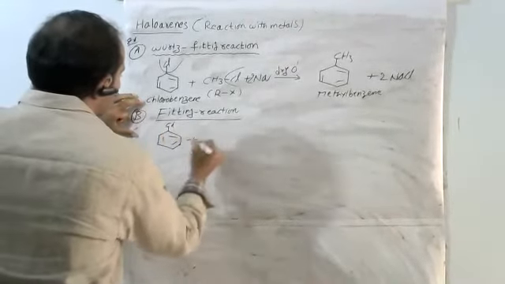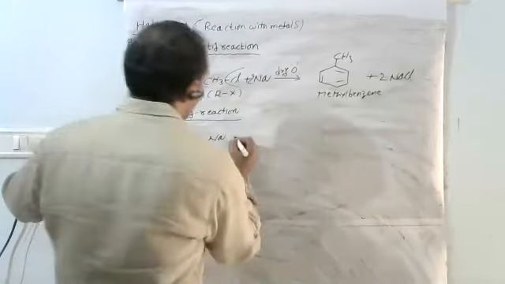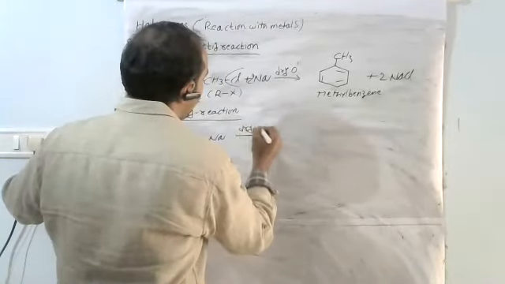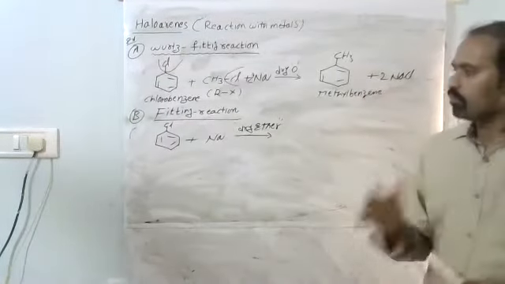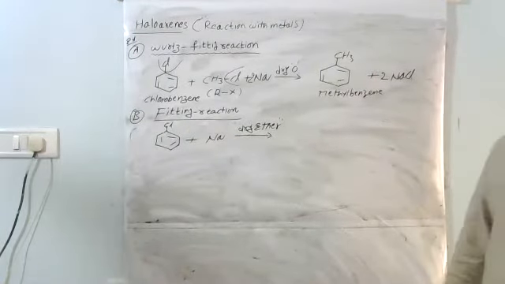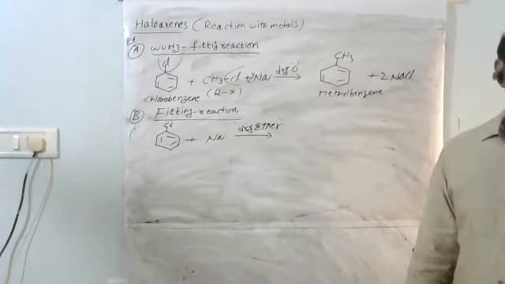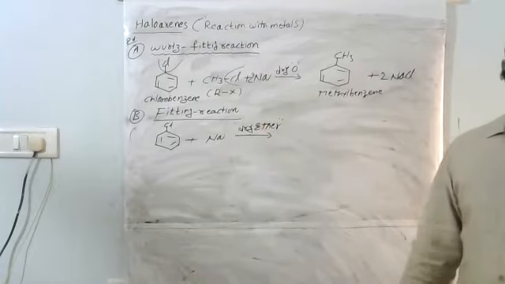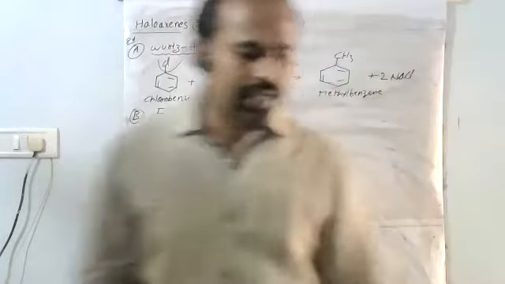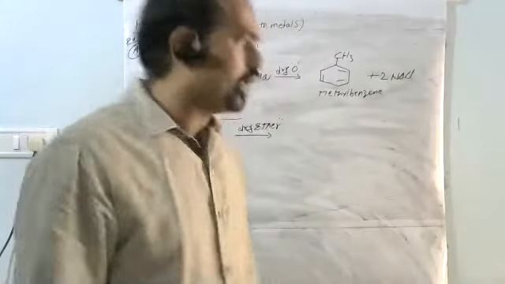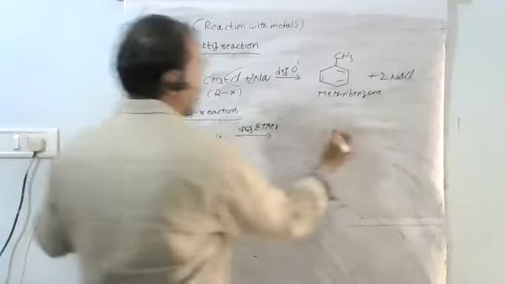Chlorobenzene reacts with the active metal sodium in the presence of dry ether. What is the possible product here? Diphenyl. Very good. Here Na combines with Cl and we get NaCl.